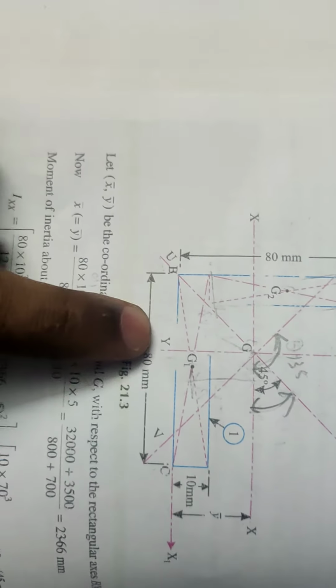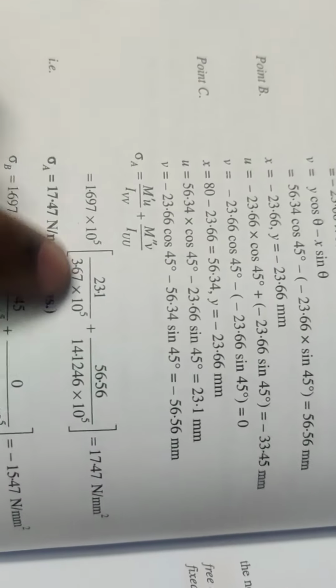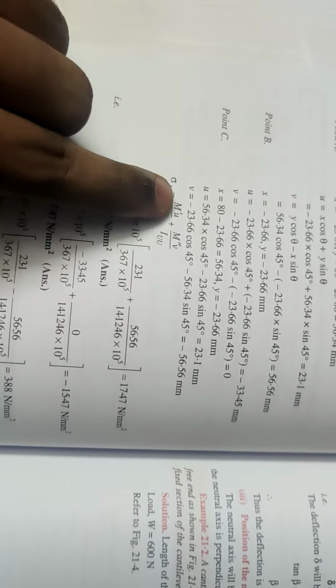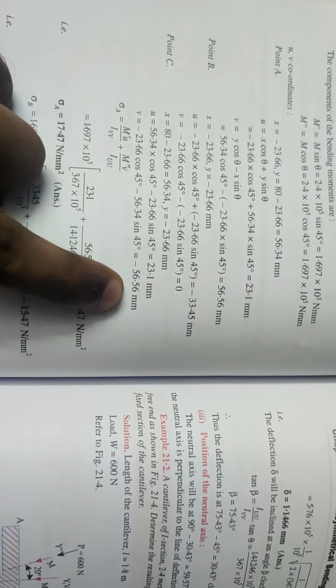Total is 80, so 80 minus 23.6, since for point G the x bar is 23.6, giving 56.34. In the y direction, point C is at the base, and the y bar for G is 23.6, so for point C the y value is minus 23.6. Substituting in the U and V formulas, we get the U value as 23.1 mm and the V value as minus 56.56 mm.